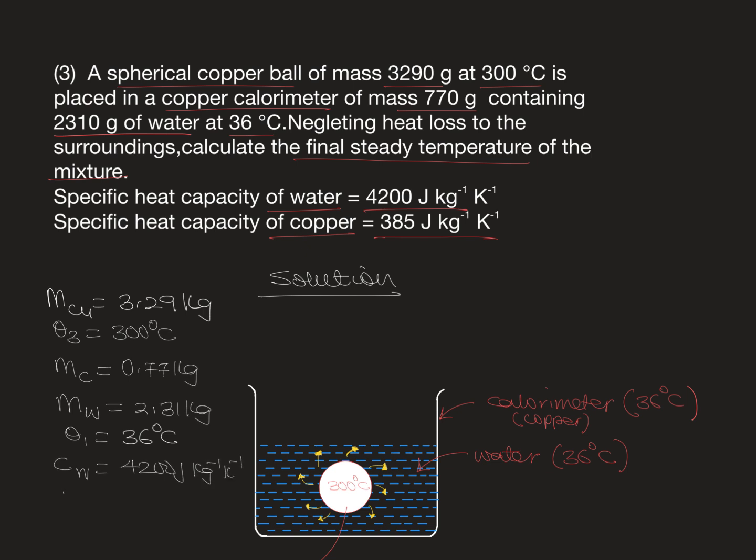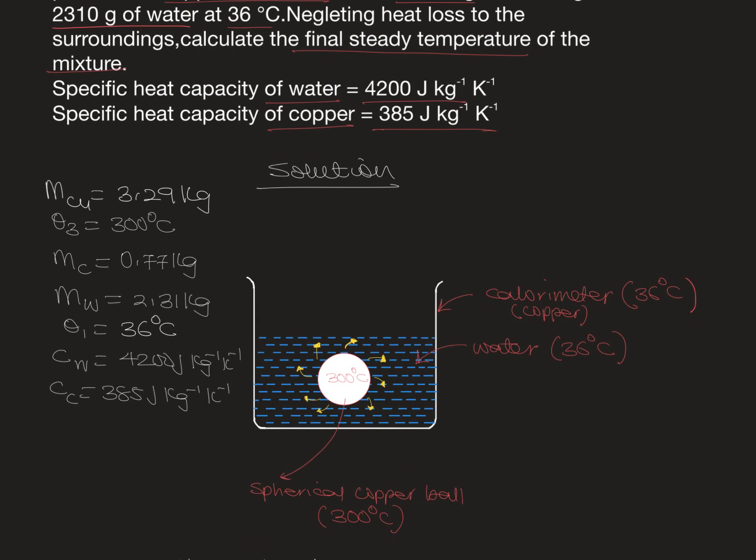We are given the specific heat capacity of the calorimeter as 385 joules per kilogram per Kelvin. The specific heat capacity of the copper calorimeter is also the same as the specific heat capacity of the copper ball, since both of them are made up of copper.